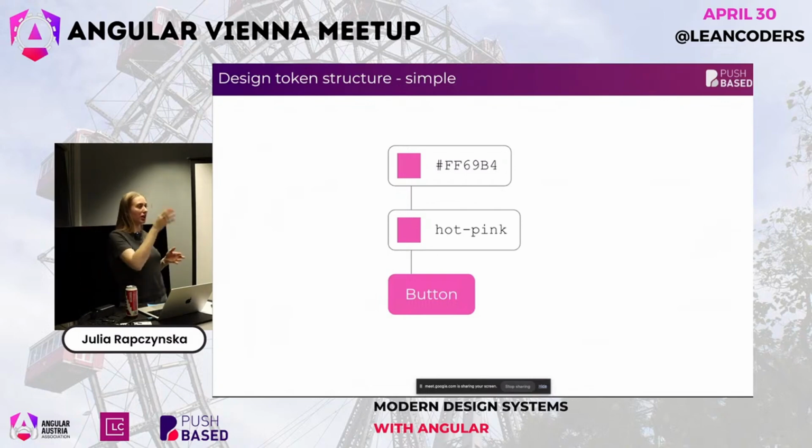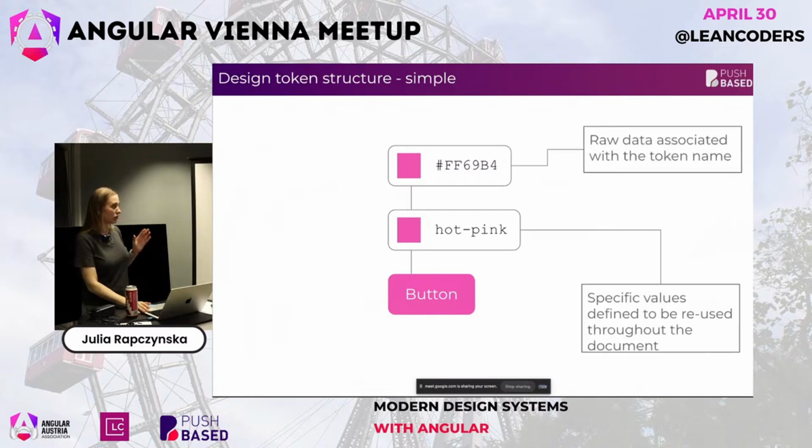You end up having a primary color, green 100, some hot pink color there. It's a very beginning when it comes to creating a design system. Basically we have the raw data associated with that variable, and then the specific value defined to be reused throughout the application, and then you have your button that you apply this data to.